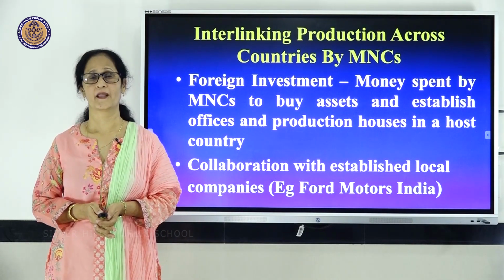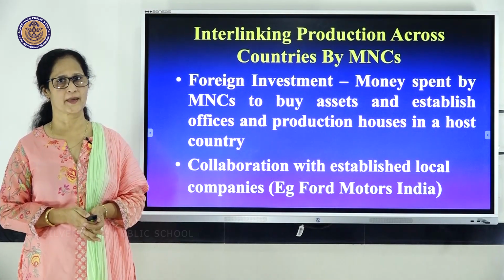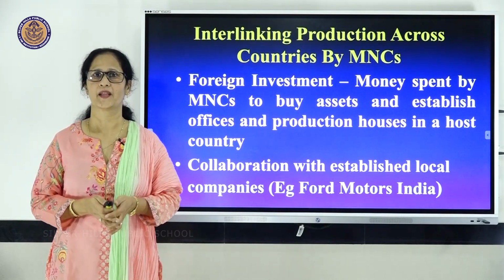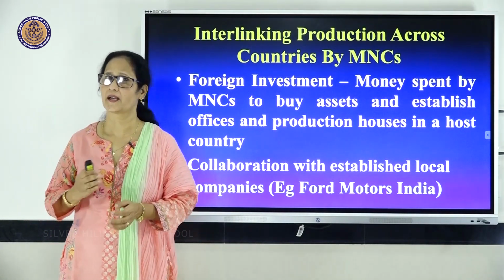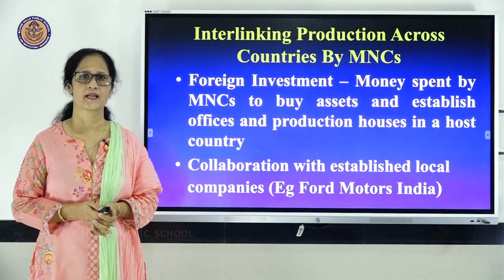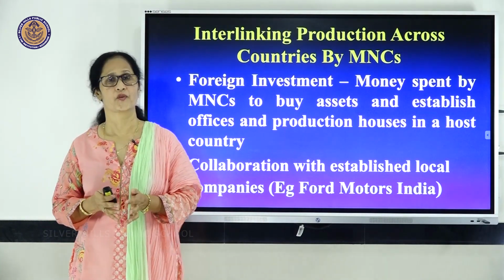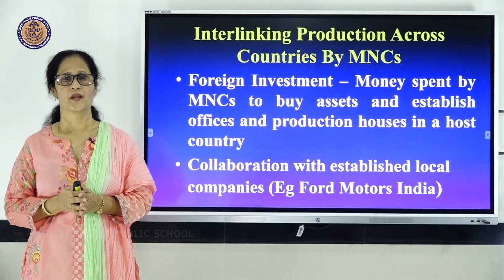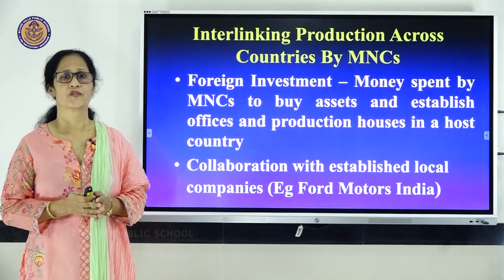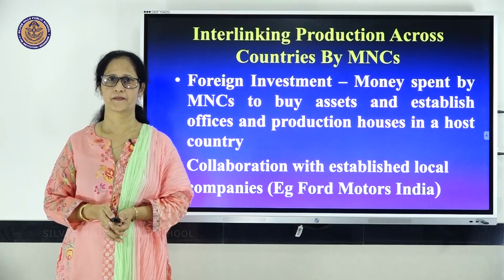In a few years' time, Ford India expanded its production so much that it is selling 77,000 cars in Indian markets, and another 77,000 cars are being exported to countries like Mexico, Brazil and South Africa. Ford India is also planning to convert this plant as a component supplying base for its operations across those 26 different countries.